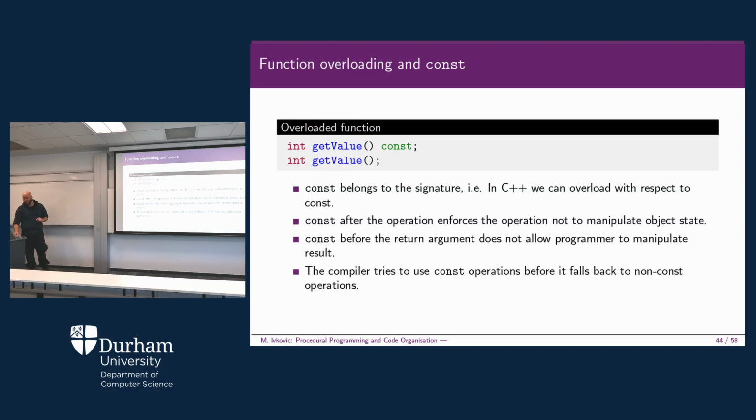If you put it before instead, so if you get const int get value, what you will get is a function that returns an immutable integer, right? And usually, so not usually, the compiler will try to use the const operations before. So if you have both of them, if it can apply the const operation, it will get that first.